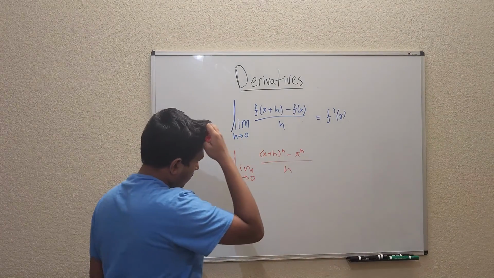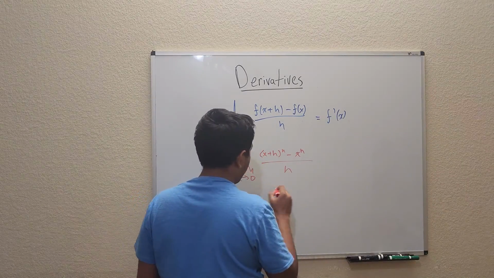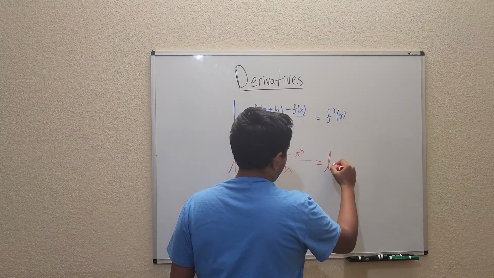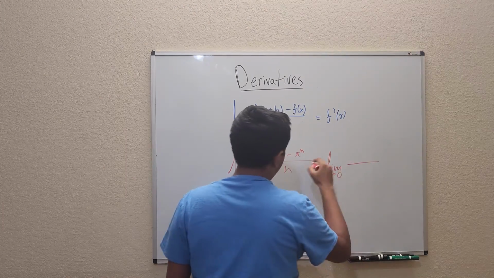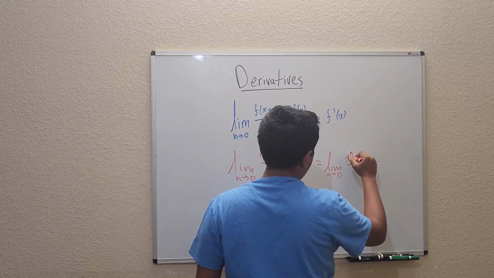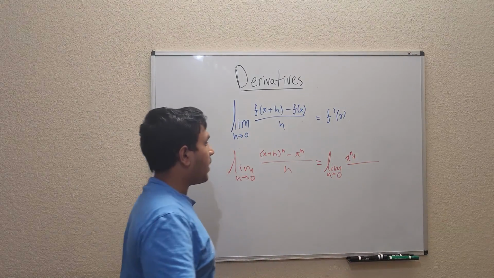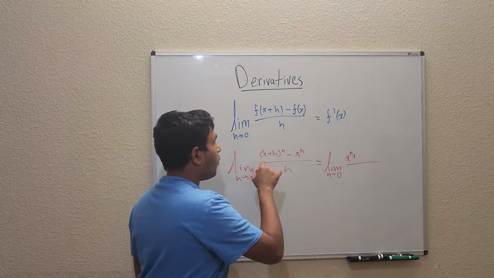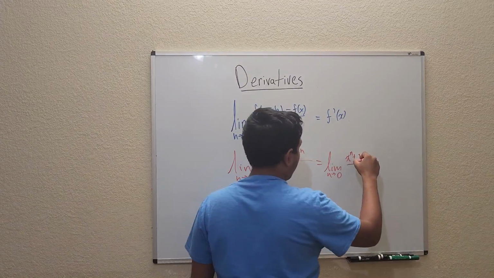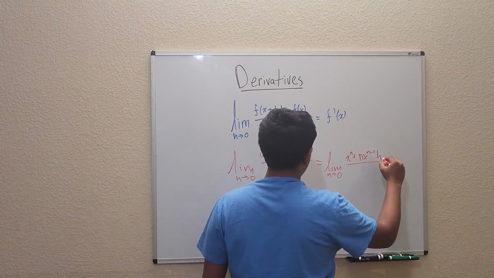Let's use the binomial theorem to break this down. So what do we have? First, on top, we have x to the n plus. Now, if we remember from the binomial theorem, what we have to do now is we take n choose 1, and we get plus n times x to the n minus 1 times h.